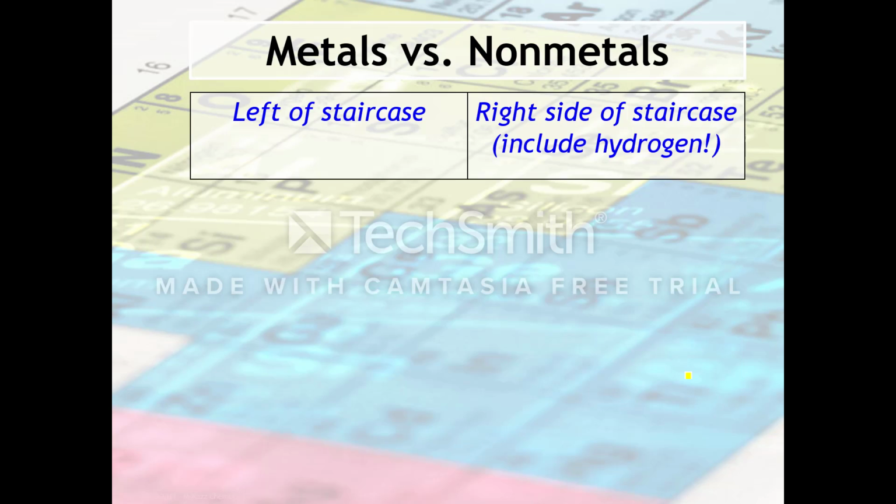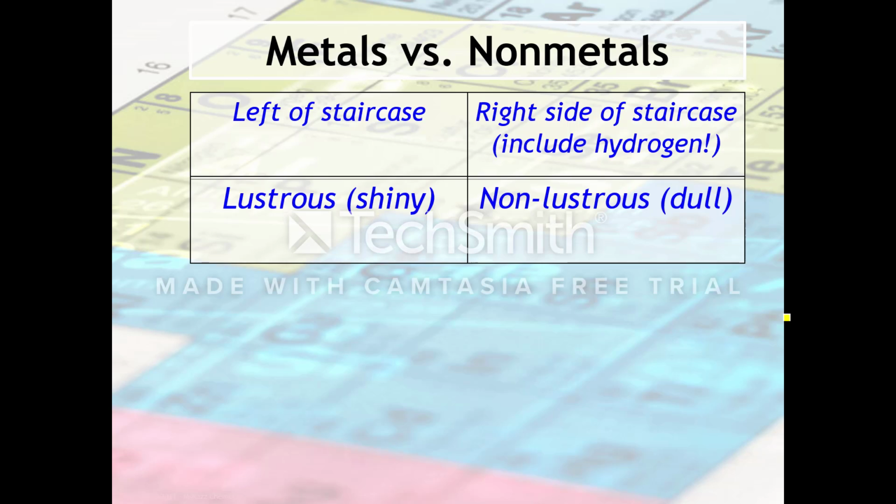All right, so let's talk about metals. Okay, we just said this. Left of the staircase, metals; non-metals, right of the staircase, but we're including hydrogen on that. Hydrogen is a non-metal. Metals are shiny. Think of coins. Think of your jewelry. Our non-metals are dull, non-lustrous.